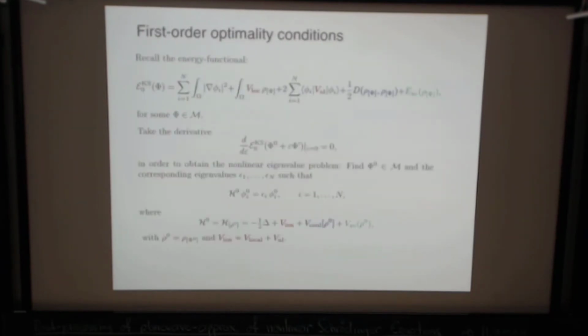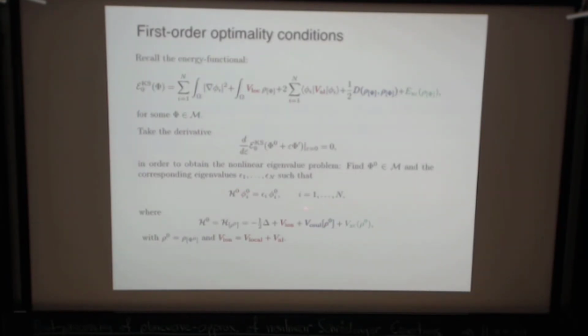Okay, so you derive again, you look at the first order optimality condition, and you obtain this eigenvalue problem where you have now n eigenvectors or eigenfunctions to solve for, and the Hamiltonian is again nonlinear through this electronic density that is built from the sum of the squares of these orbitals that is plugged in here.